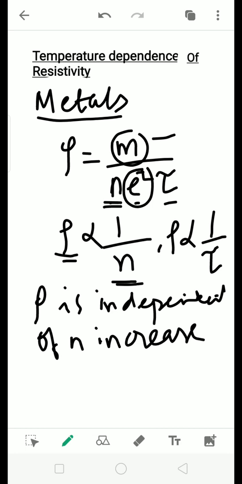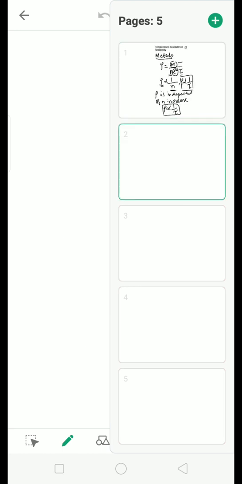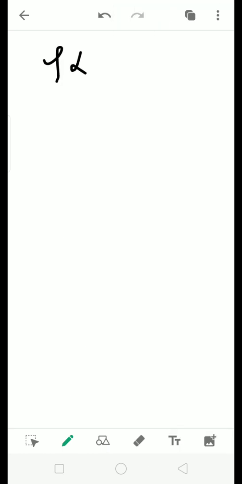So the only thing left is that rho is inversely proportional to the relaxation time.